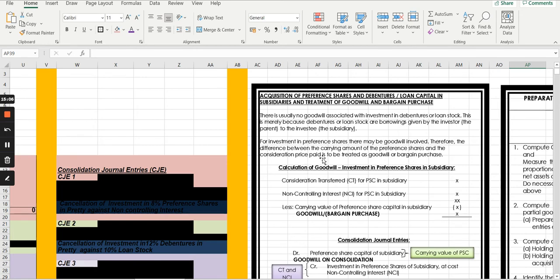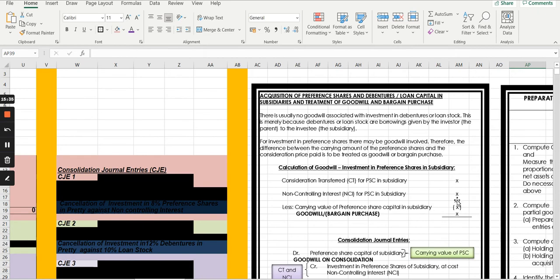Maybe not, maybe yes. You take the difference between the carrying amount of the preference shares and the consideration price, which is the information that I have already put in my workings: consideration transferred plus the non-controlling interest, and then you deduct or compare with the carrying value. Should that be greater than the carrying value, then there will be goodwill. If that is lower than the carrying value of the preference shares, there will be a bargain purchase.